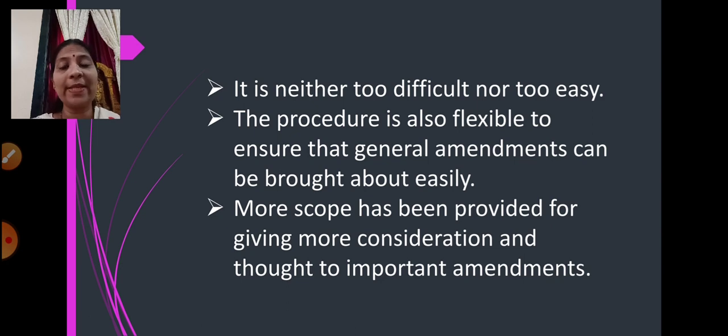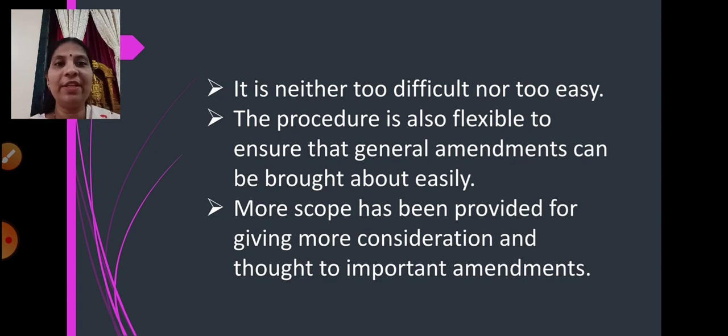One example which I can give you is about the voting age. The voting age of people to cast their vote is 18 years. The person who has completed 18 years of age and whose name is there in the voters list can go and cast his or her vote. But this age was not 18 years way back, it was 21 years.